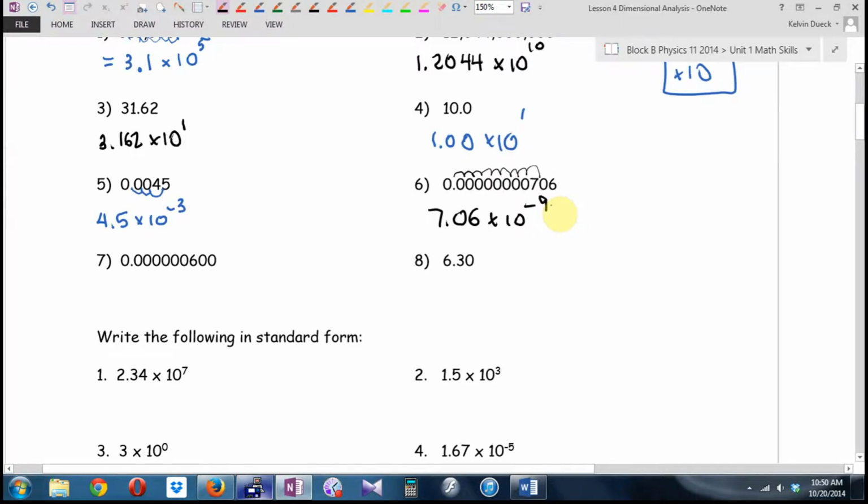Mr. Dueck, will we be dealing with numbers that big and that small? Oh, yes. Far bigger and far smaller. You'll be using lots of scientific notation, especially in the gravitation unit.